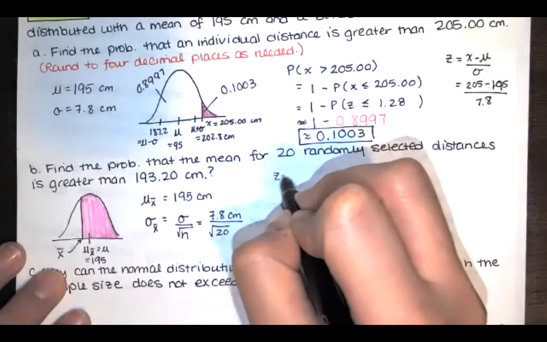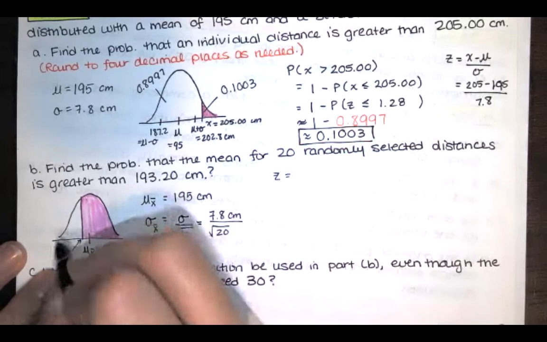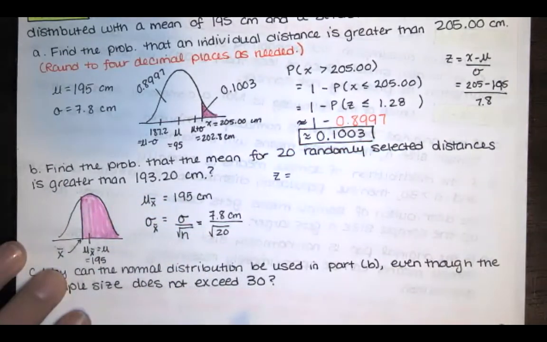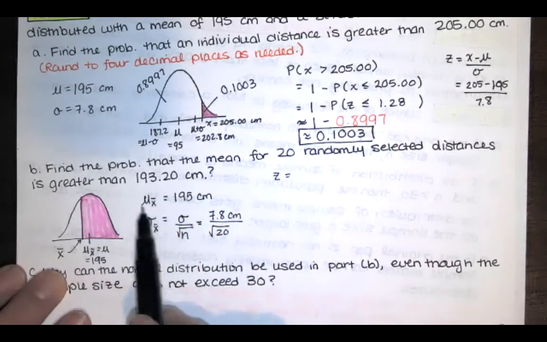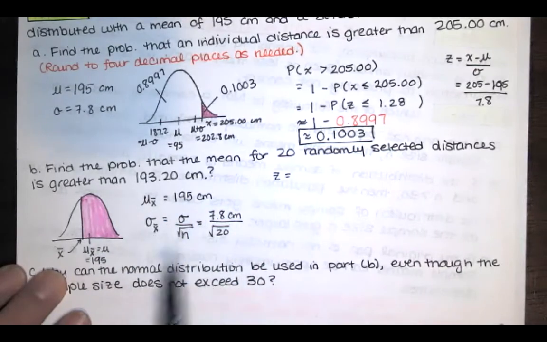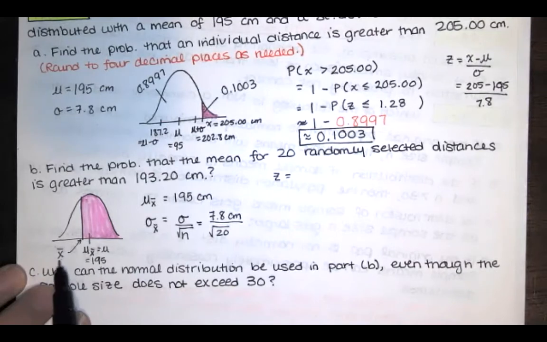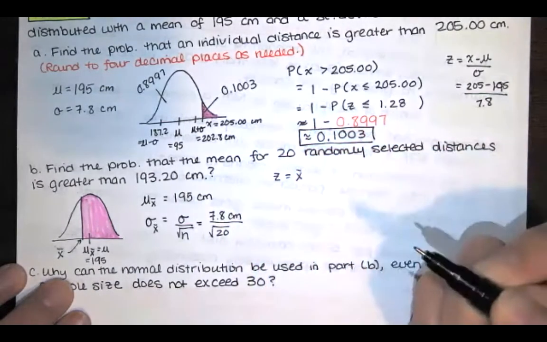And the way we find that is we take the given X bar. I know the formulas in the tables say X minus the mean divided by this, but really, it's this particular value of the sample mean X bar. So I'm going to use that symbol instead.